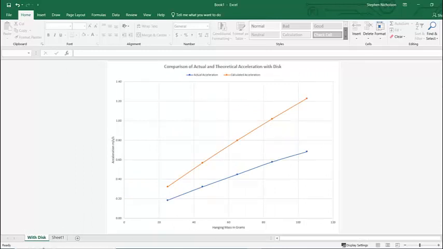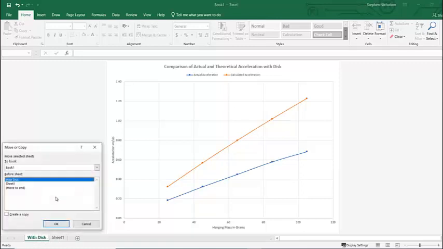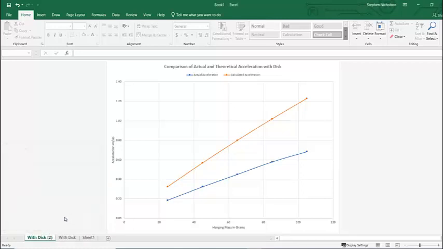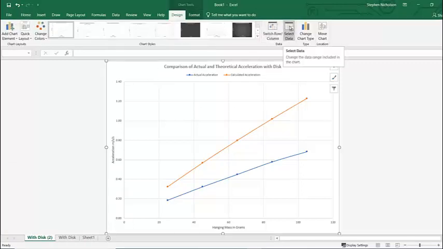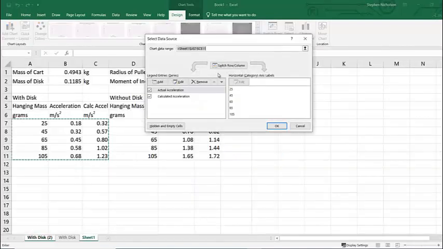And probably the easiest thing to do, instead of making the graph all over, what we'll do is we'll right click here, we'll say move or copy, create a copy. And what we'll do now is we will go and change the data. So let's click on the graph, go to design, choose select data.